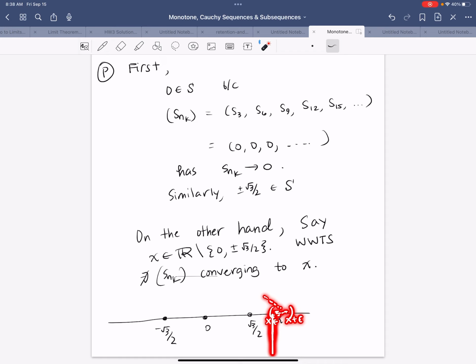And if you have a subsequence converging to X, that means all but finitely many terms of your subsequence are supposed to be in this interval. And if I can find an interval where there are no terms, that means that no subsequence can converge there. Yeah. So that would be the argument. And it's similar to the argument, I think, from one of the homework problems where you show -1 to the n doesn't converge.